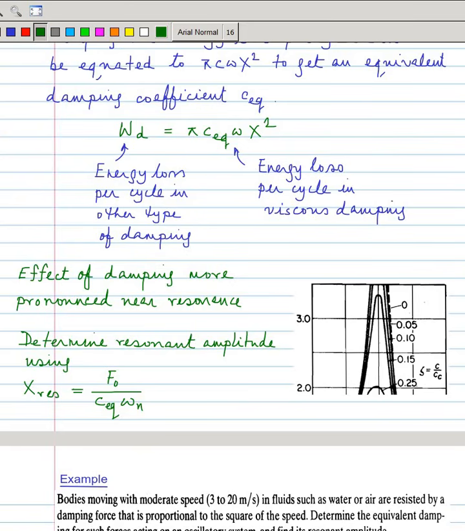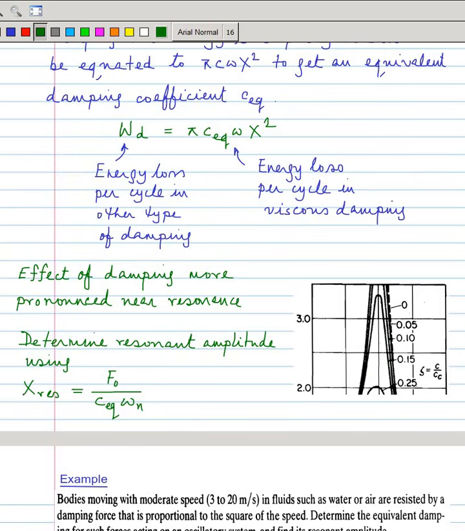And here you see in the graph, taken from the lecture on forced vibration, where a spring mass system with a viscous damper is subjected to a harmonic force. When the damping is 15%, 10%, 5%, the damping matters near the resonance. Away from resonance, the effect of damping is not much.